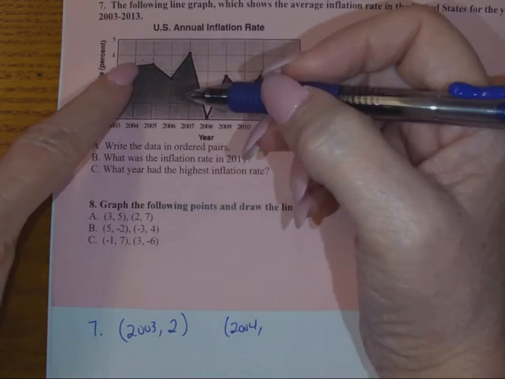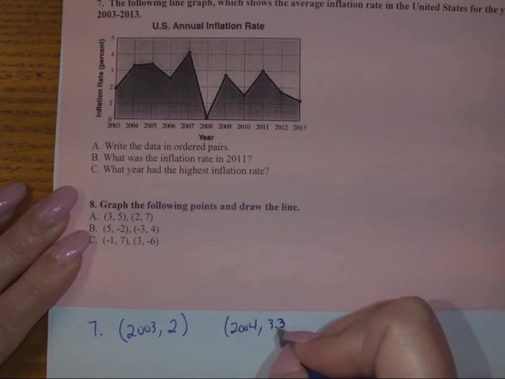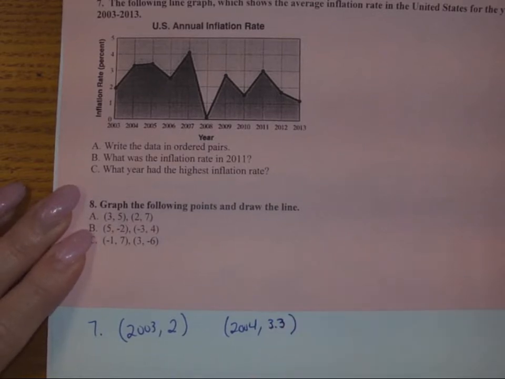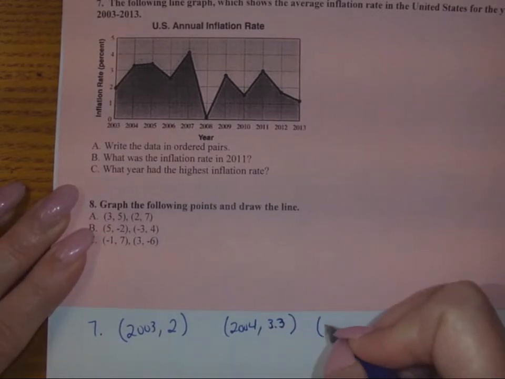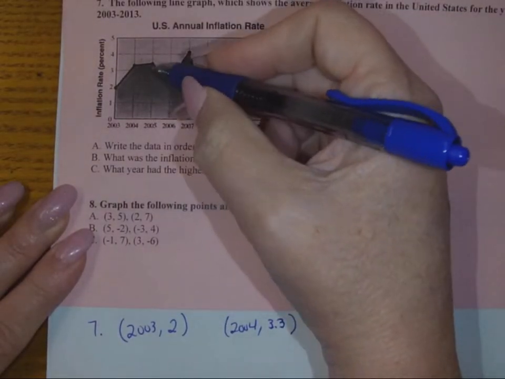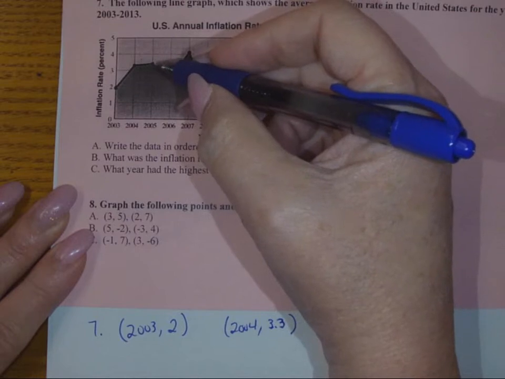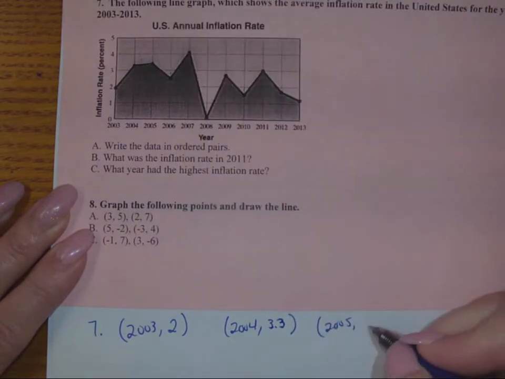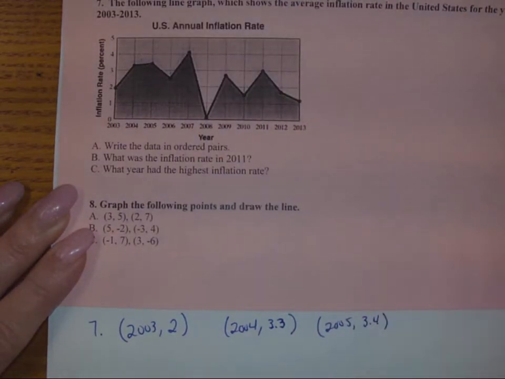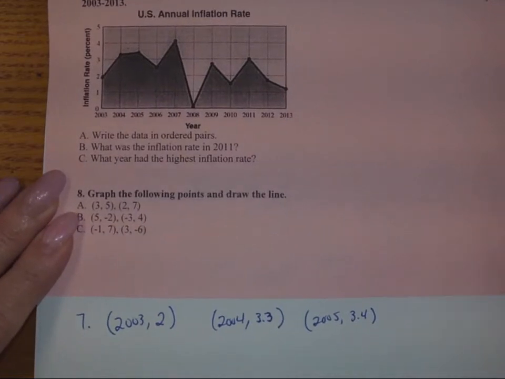So it's not quite halfway, so I'm going to do like 3.3. You just want to make sure that the number you choose makes sense. When we get to 2005, I have to be above 3.3, but I don't know that I'm still quite halfway there. So that means I need to go like 3.4. And as long as what you choose makes sense, it'll be fine.